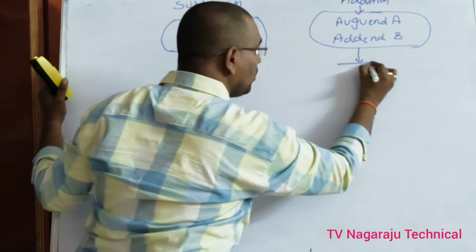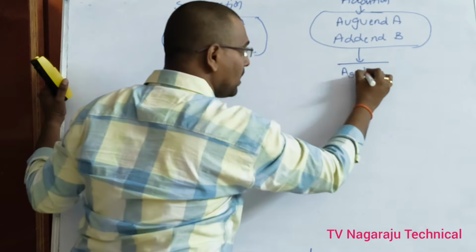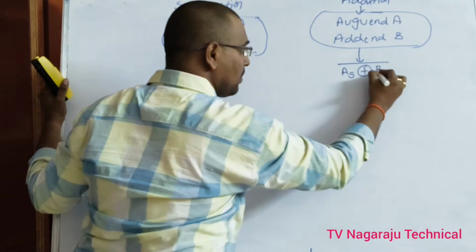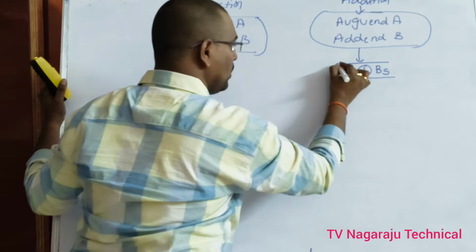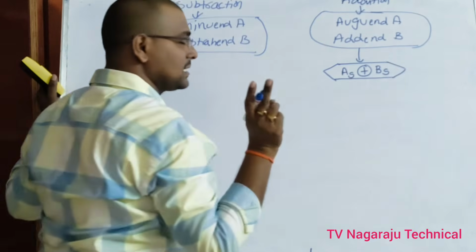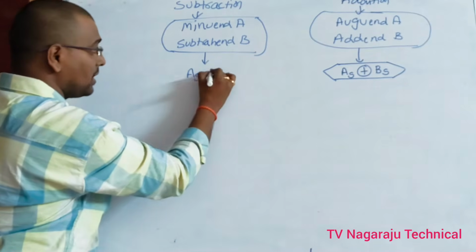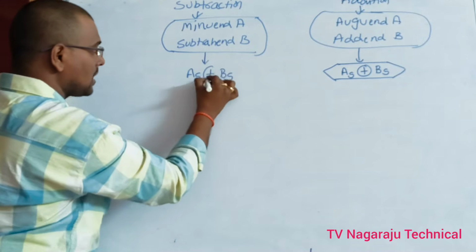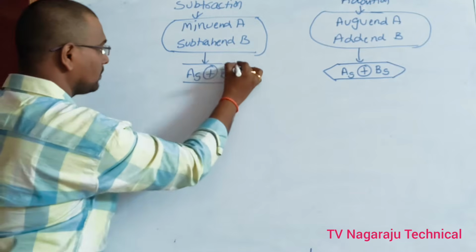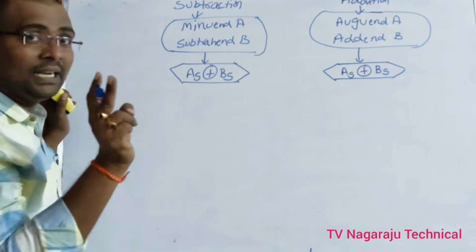So what I am doing is simply taking the XOR operation between the signs of the two numbers, whether it is the addition operation or the subtraction operation. Now, what is the result?